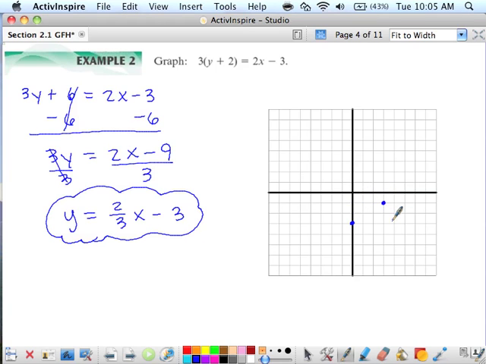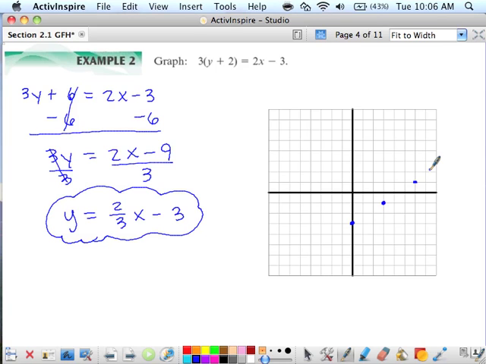I'll do that as many times as I can before I run out of room on my graph, just so my line will be a little straighter. 1, 2, over 3. And now I'm kind of out of room. So that gives me 3 dots right here. If I want to access any more dots down in this region, I can see the general trend. I can see that it's going to look like this, a line with a positive slope hitting the y-axis at -3.